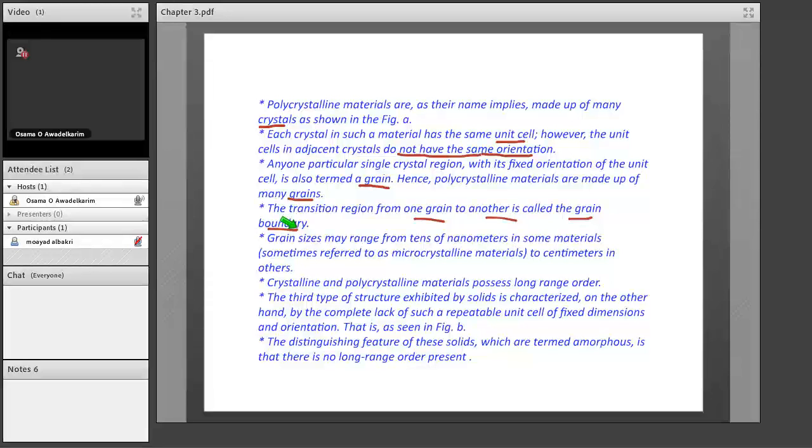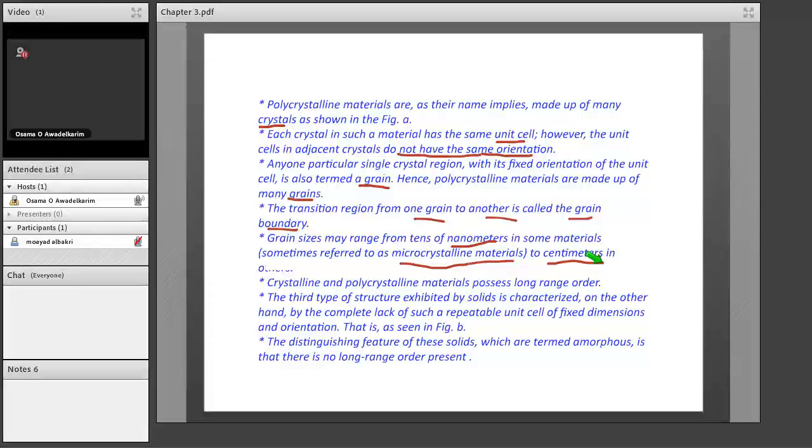Grain sizes may range from tens of nanometers, very small. A nanometer is one billionth of a meter. Sometimes it goes to micro grains, 10 to the minus 6 of a meter, and these are called microcrystalline materials. And in some cases, these grains can be as large as centimeters.